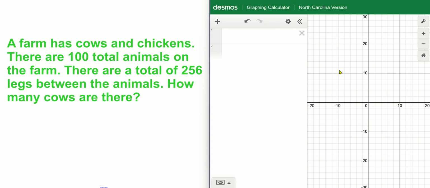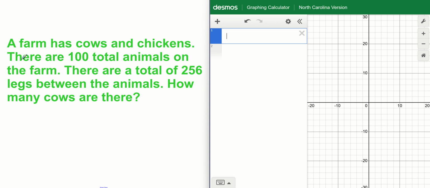How many cows are there? Robert. Chastity. 28 is correct.